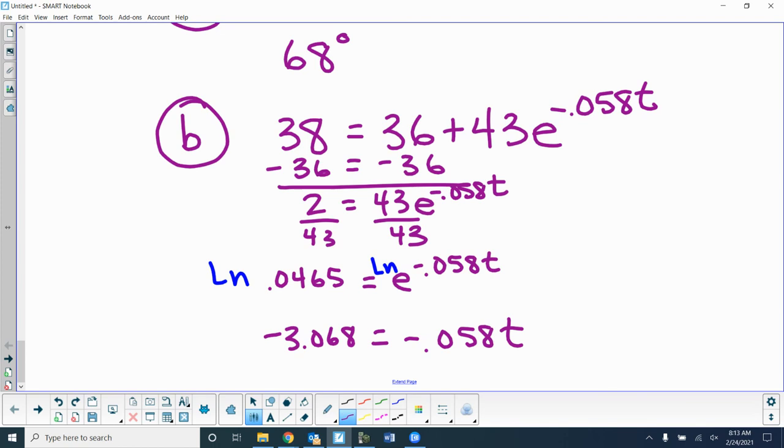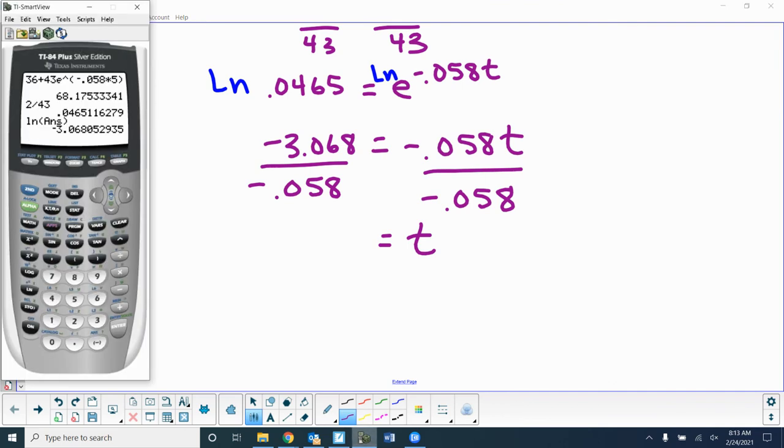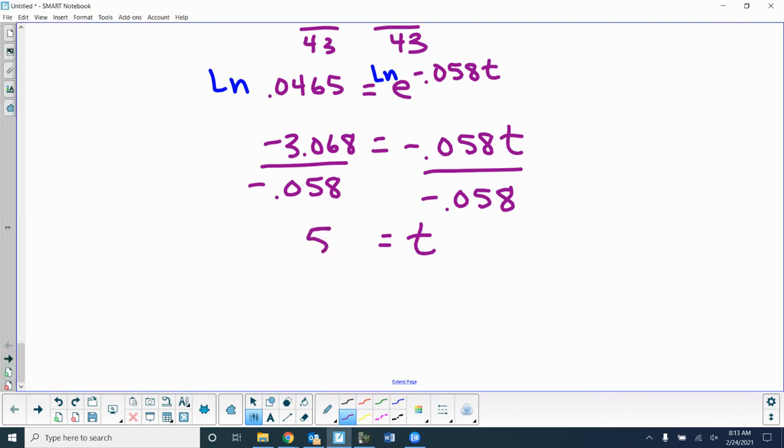It's negative 0.058 times t, so I'm going to divide it. So in my calculator, I'm going to hit divided by negative 0.058. We're going to get 52.8. So to the nearest degree would be what? Minutes, I guess. We're going minutes. 52.8 to the nearest minute would be 53 minutes.